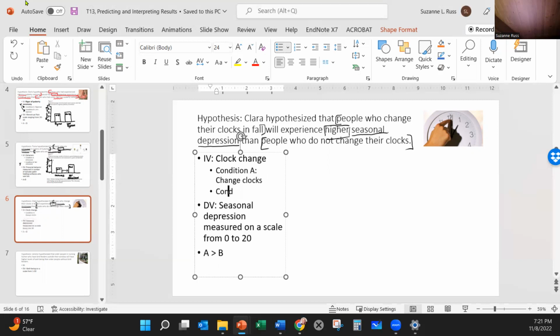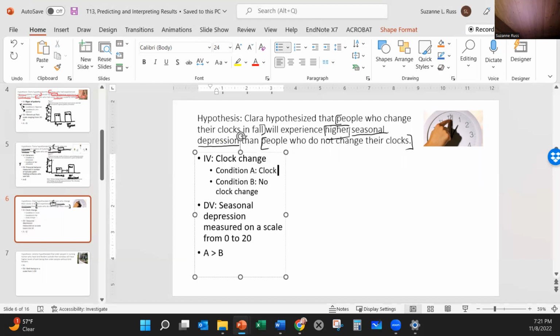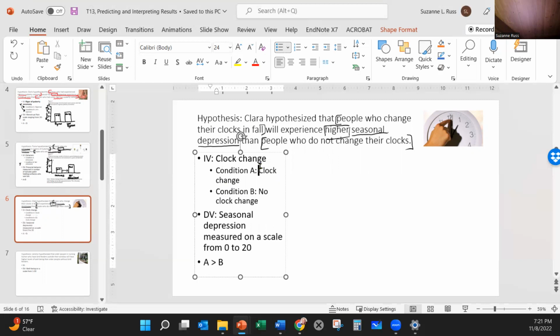And condition B, no clock change. Now, I think this is going to be clearer if I change the wording up here and write clock change and then no clock change. That feels a little bit cleaner to me. Let me just organize that so it's a little easier to see.